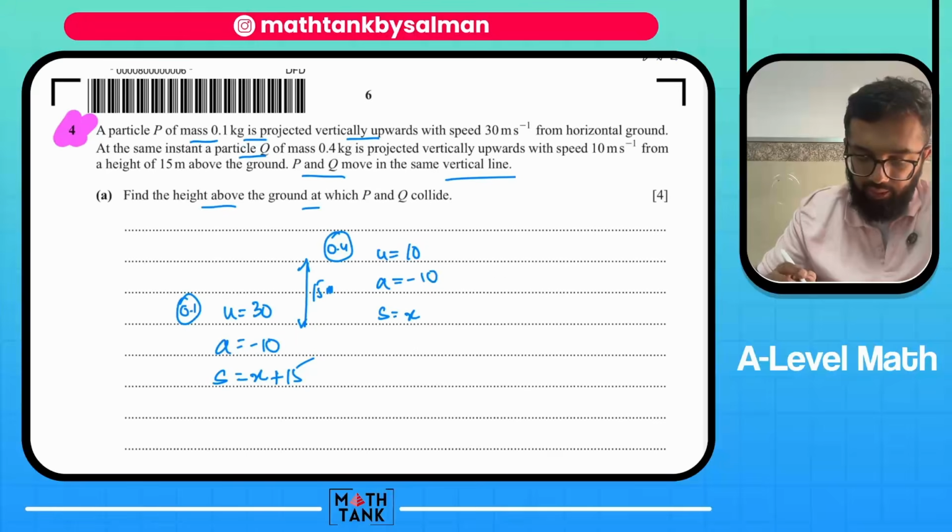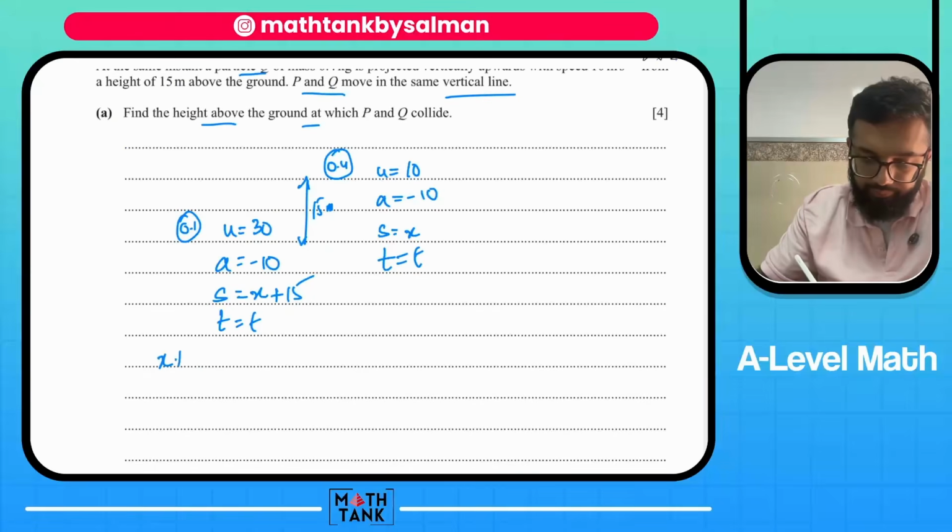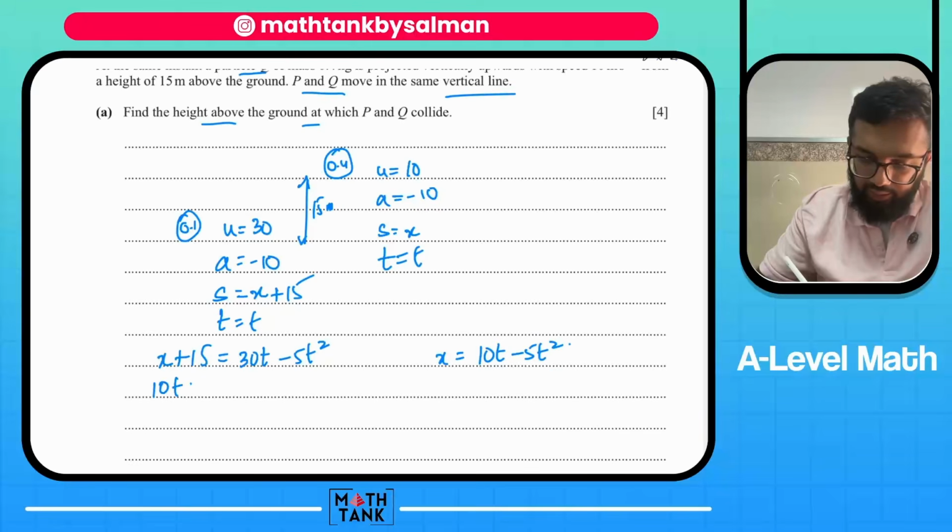The time is going to be the same because they were projected together. So S equals ut plus half at square, and S equals ut plus half at square. So I can replace x with 10t minus 5t square.